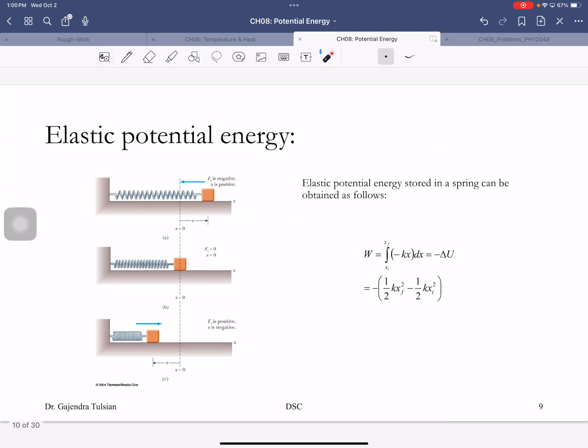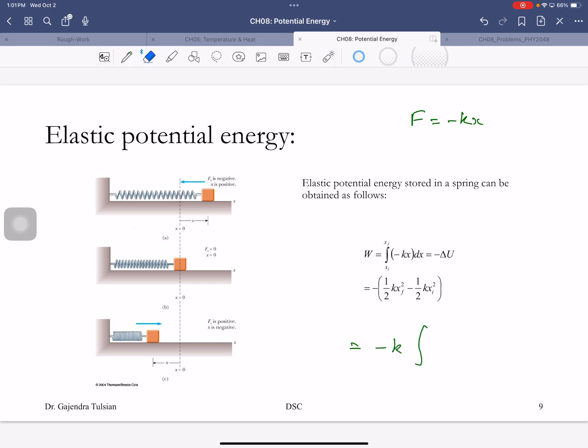Now we'll do the same thing for a spring. Okay. The spring force is given by minus kx. The force that the spring exerts on an object is minus kx. This is called Hooke's law. The work done by the spring force is the integral of minus kx dx. And that integral is, of course, minus k is constant.